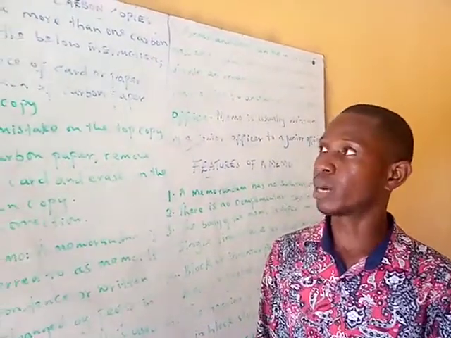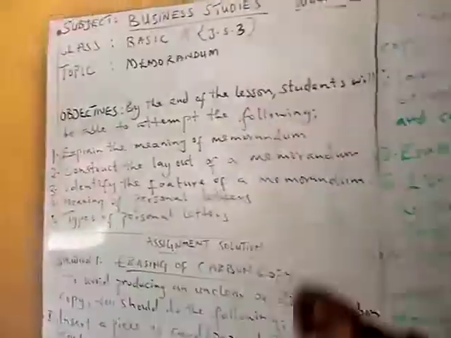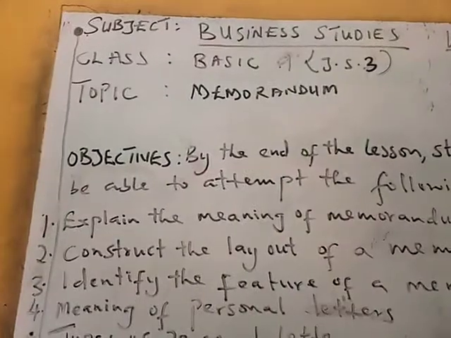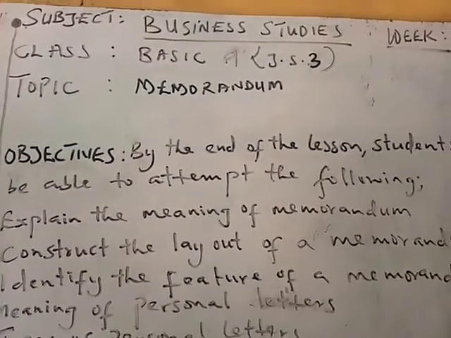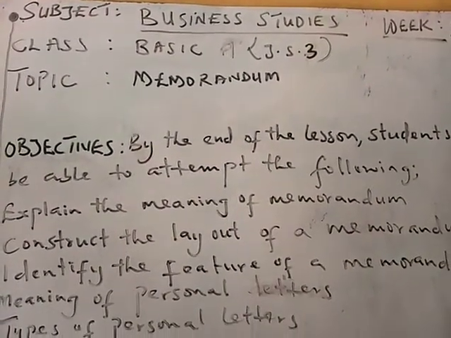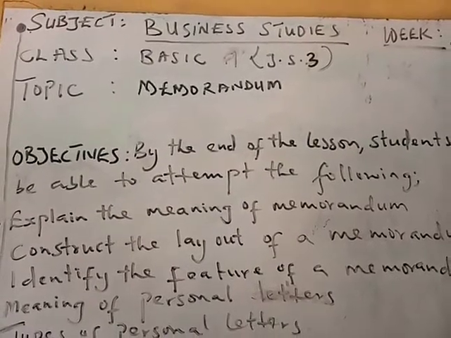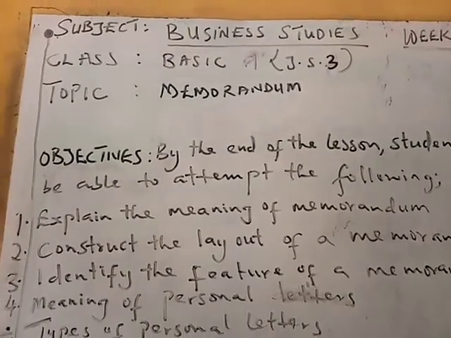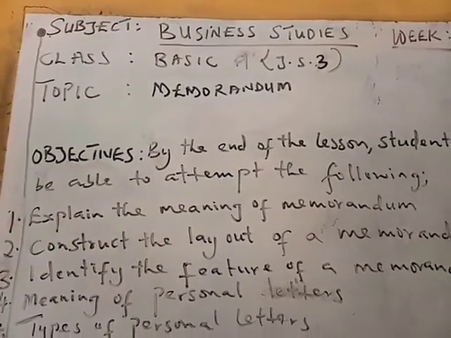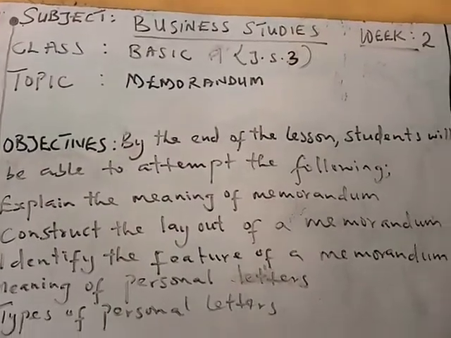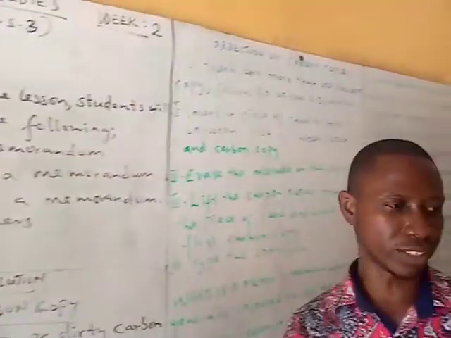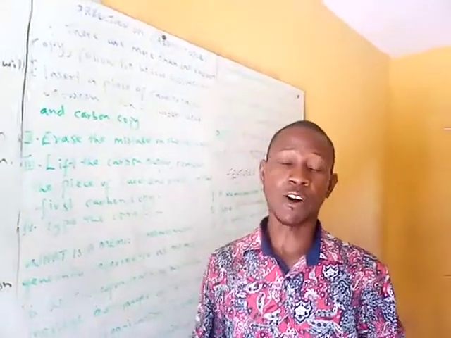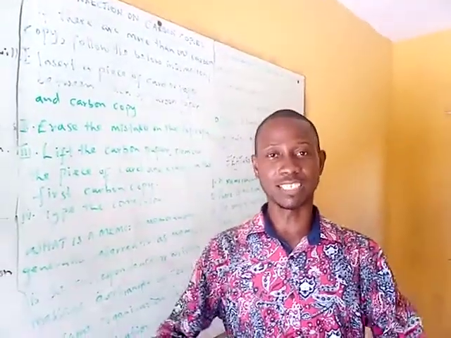We talk about the memorandum. And in JS3, that's basic 8 to be precise, you have been taught about correspondence. Okay, let me break it down. Correspondence simply means incoming mails or letters, or outgoing mails or letters to an organization.